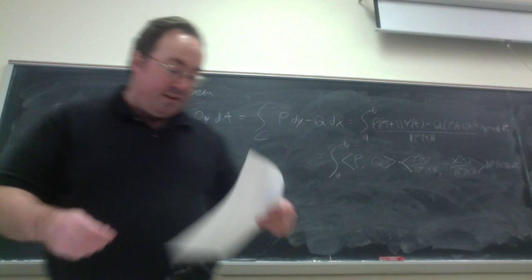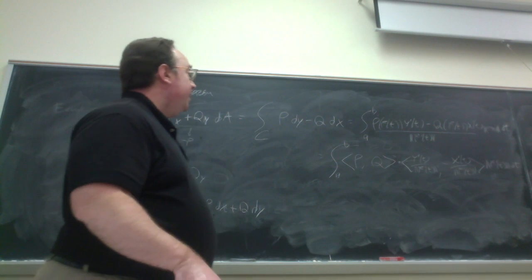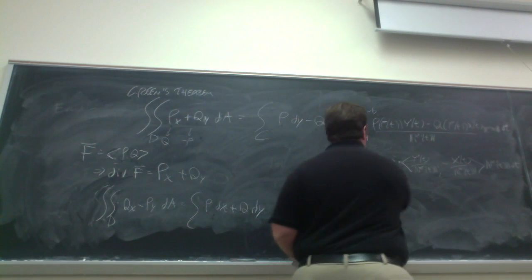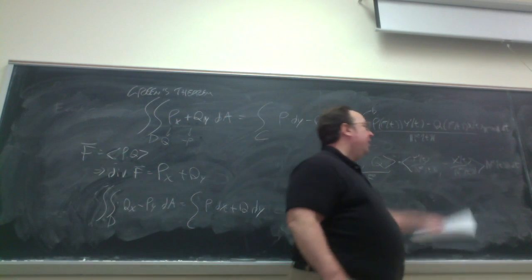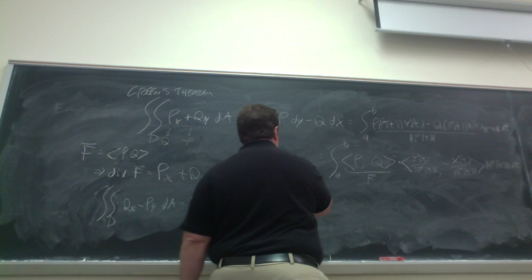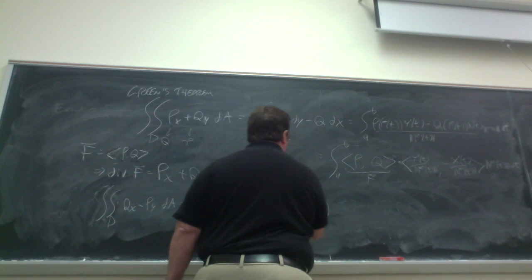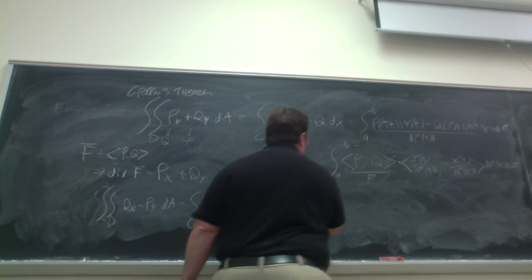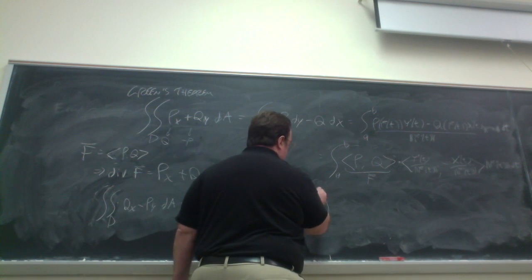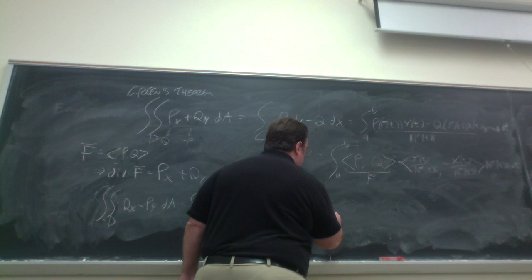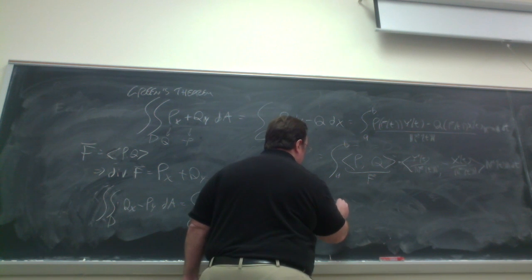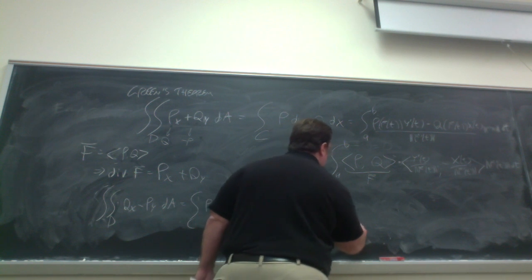Now, this is my vector field F again. But what is this vector? If I have my region here in the plane, at any particular point, I want counterclockwise orientation. So this vector is x prime, y prime. That is T, the tangent vector.